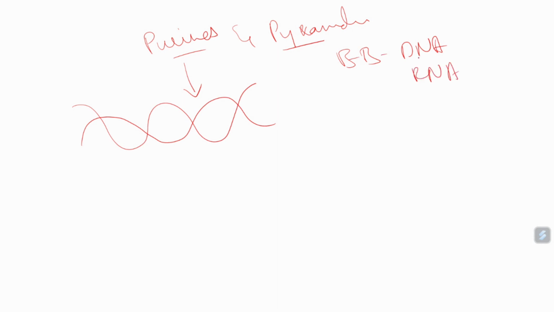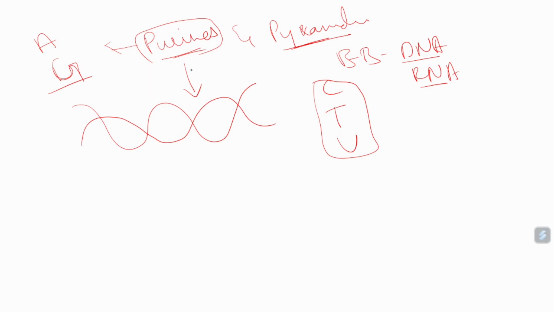DNA and RNA are the nucleic acids, and these nucleic acids are made up of these bases, which are purines and pyrimidines. In purines, what do we have? Adenine and guanine are the purines. And pyrimidines, what do we have? Cytosine, thymine, and uracil. These are CTU, the pyrimidines. These purines and pyrimidines are the building blocks of DNA and RNA.